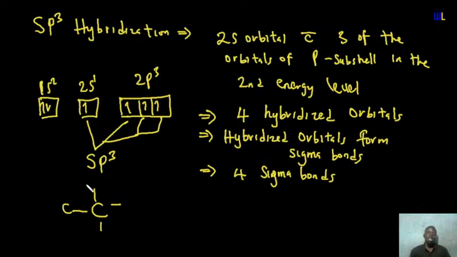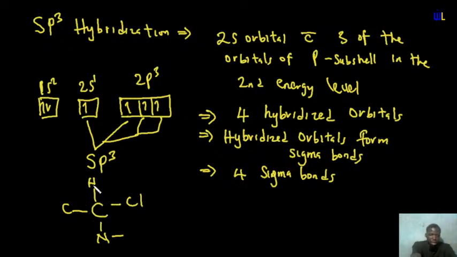You can have an element here, an element here, an element here, another element here. How you will identify an sp3 hybridized carbon atom is by counting the number of atoms that surround it. Once the number of atoms that surround it are 4 in number, it indicates that there are 4 hybridized orbitals.